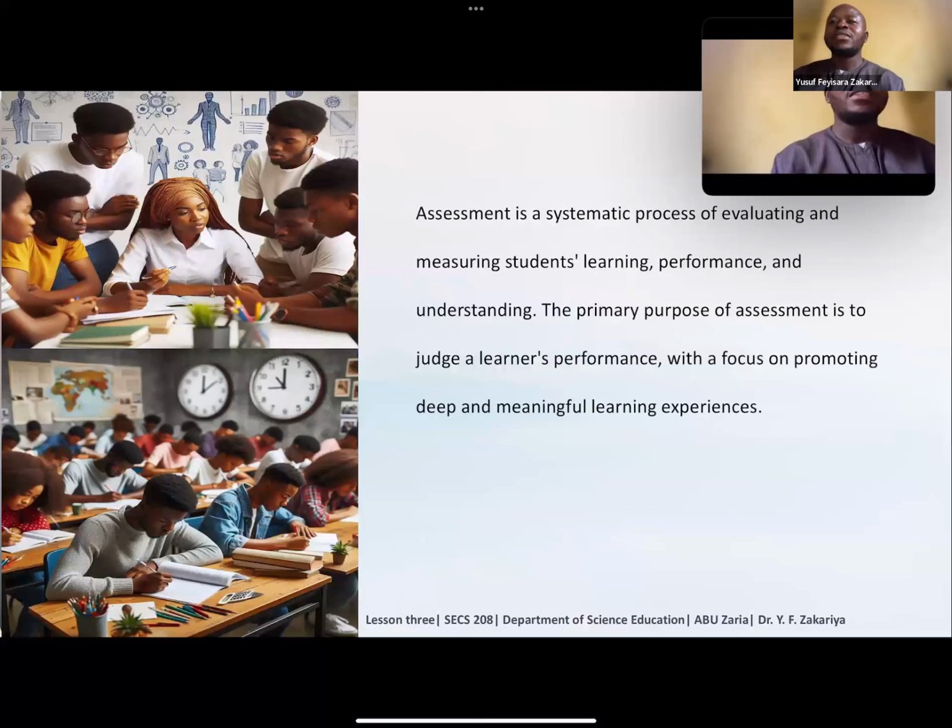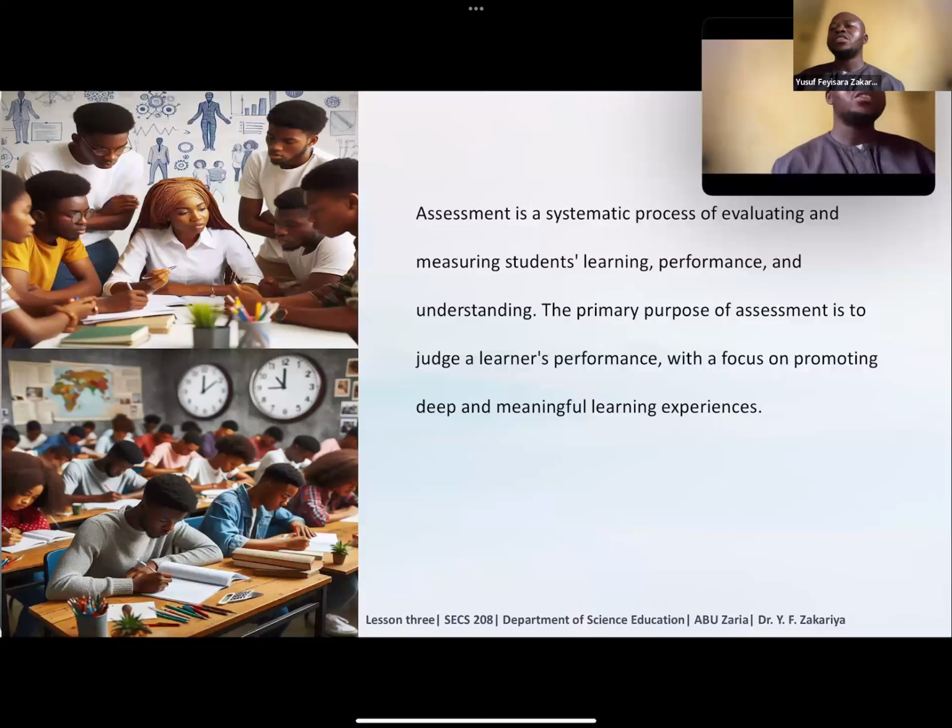So assessment is nothing but a systematic process of evaluating and measuring students' learning, performance, and understanding. The primary purpose of assessment is to judge a learner's performance with a focus on promoting deep and meaningful learning experiences. So this is very important here.